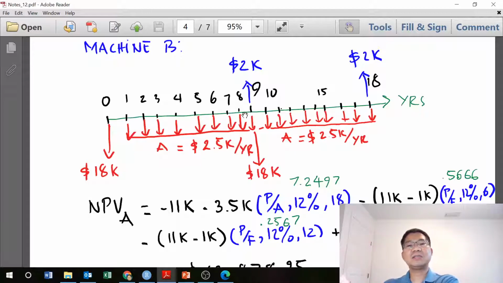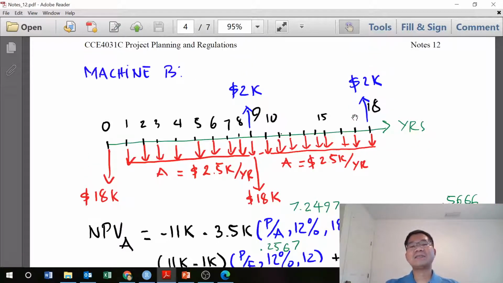And then at the machine's end of useful life, I get the salvage value 2,000. You can put it on Craigslist to sell your old machine, 2,000. And then I have to buy a new one to operate for the next years, from year 10 to year 18. So buy the second machine B, with operating costs assumed the same. At the end of year 18, I resell for the same amount, 2,000.